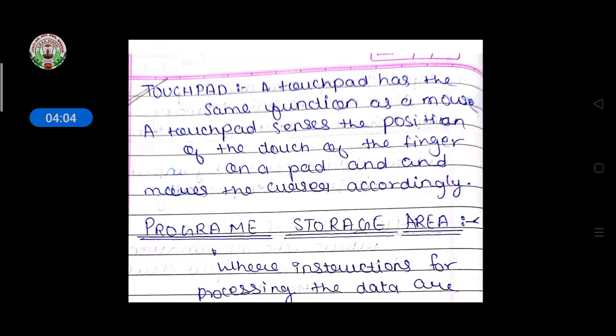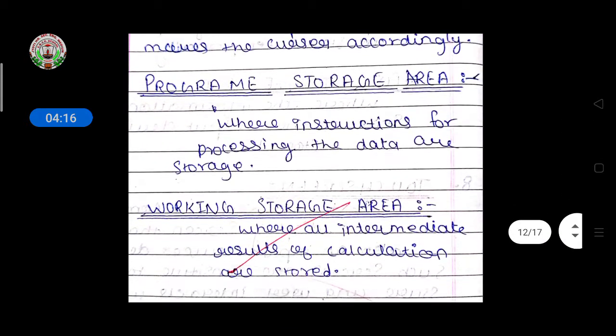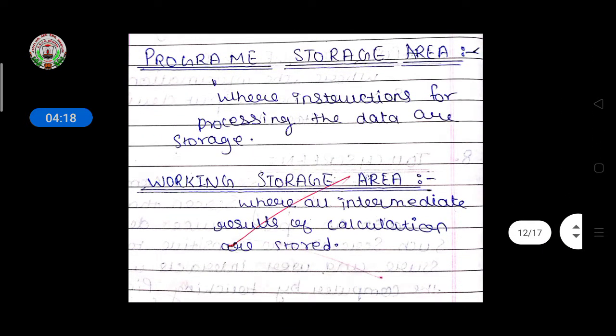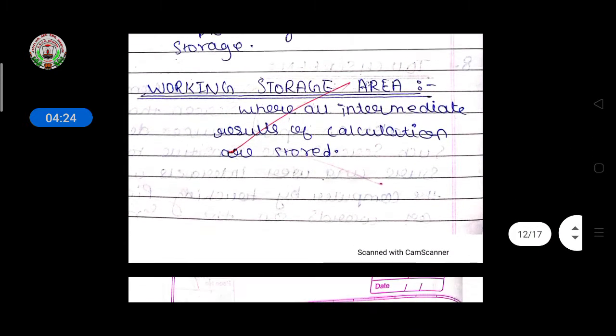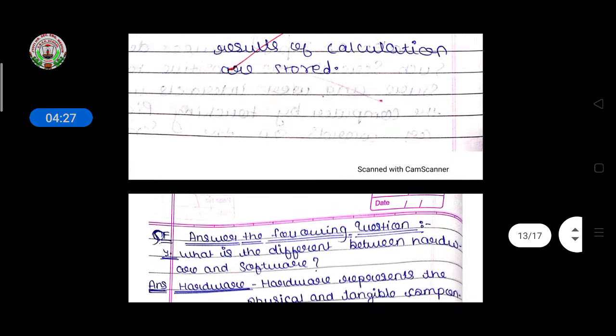Touchpad has the same function as a mouse; it senses the position of the touch of the finger on a pad and moves the cursor accordingly. Means with a touchpad, instead of the mouse, we have an area where we move the finger. Program storage area is where the instructions and process data are stored, and working area is where the intermediate results of calculations are stored.